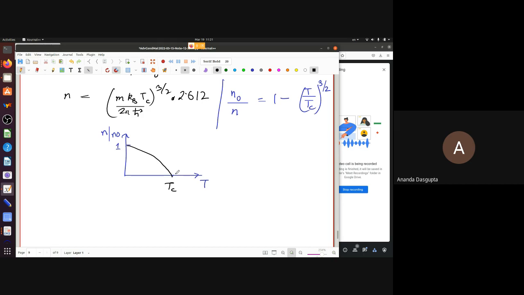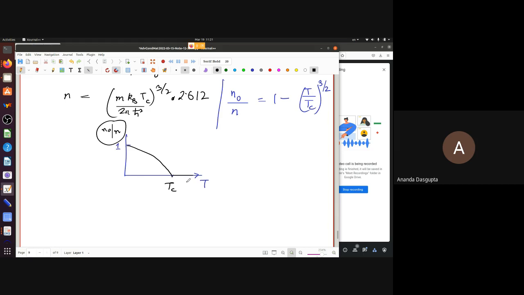It just means that this ratio, sorry, I plotted this wrong. This is actually n0 by n, of course. That's what I had written. That's wrong. It's n0 by n. The fraction of the total number of atoms which are there in the ground state, this ratio, that drops to 0 at T equal to Tc and stays 0 when T goes beyond Tc.